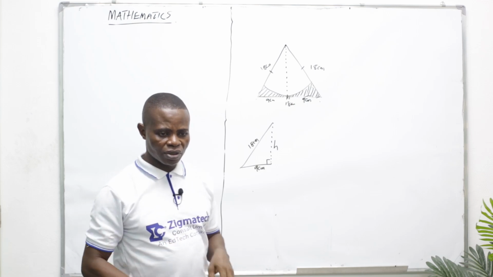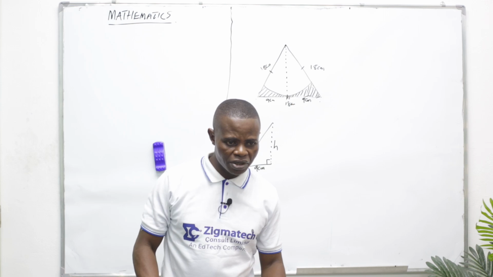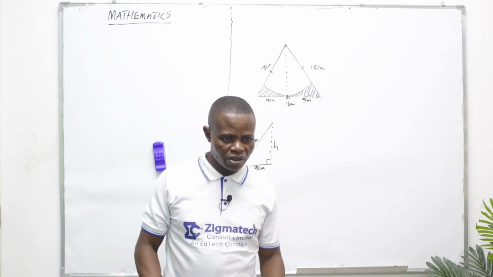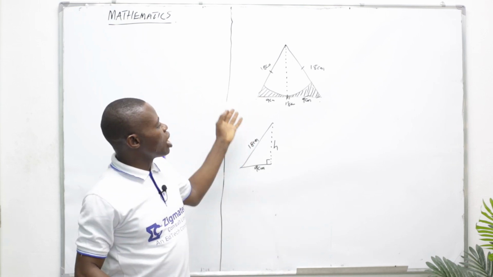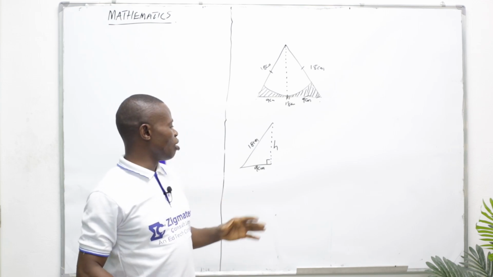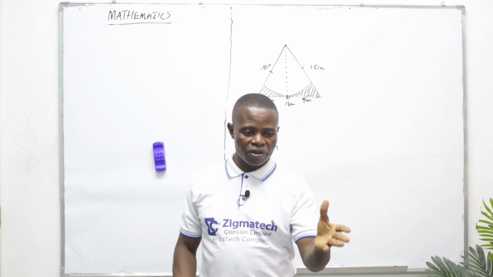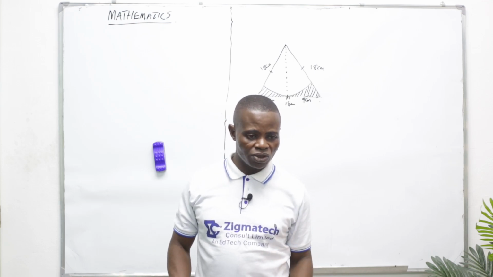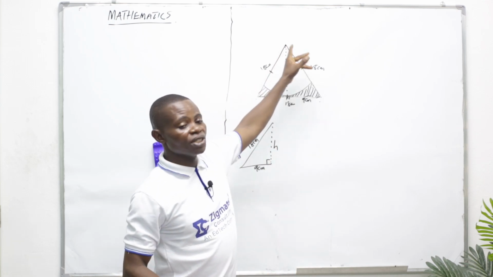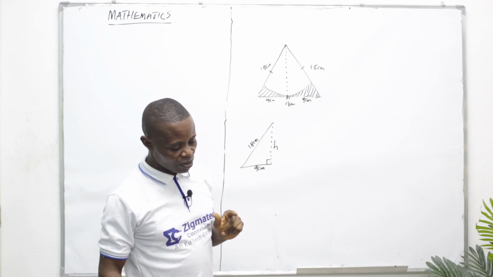Let's go back to the question. We were told to calculate the area of the shaded region. But let your mind not just focus on the area of the shaded region. Ask yourself, what do I need to solve for the area of a shaded portion? Area of a triangle, we don't have an issue. This is an equilateral triangle, so all the angles are 60 degrees.